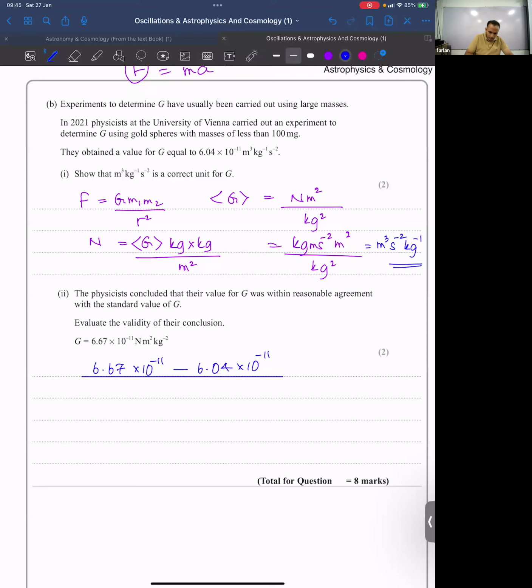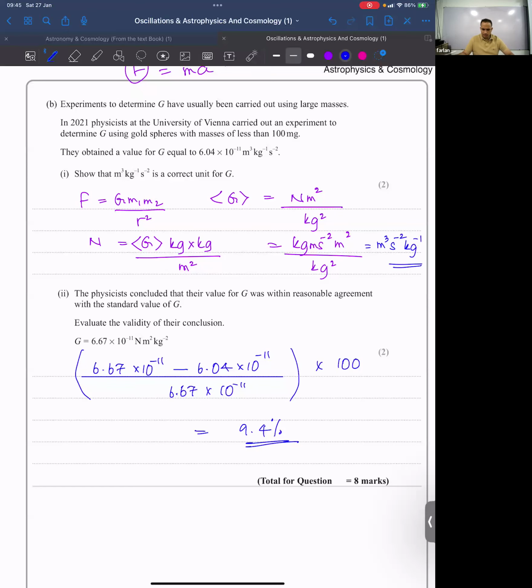That divided by the actual value, 6.67 into 10 to the power minus 11, multiplied by 100 will give you by what percentage the calculated value is varying from the actual value. Correct? That's about 9.4%.